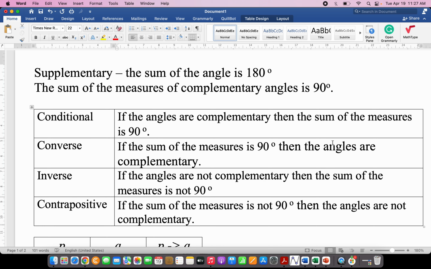Babalik-balikan nyo lang din naman yung number. Teka, hanap tayo ng example, kasi meron dyang hindi naman actually number, kundi mathematical statement siya.